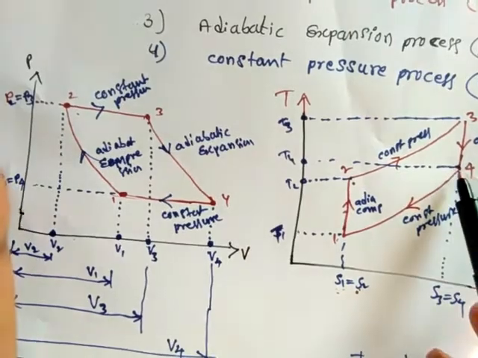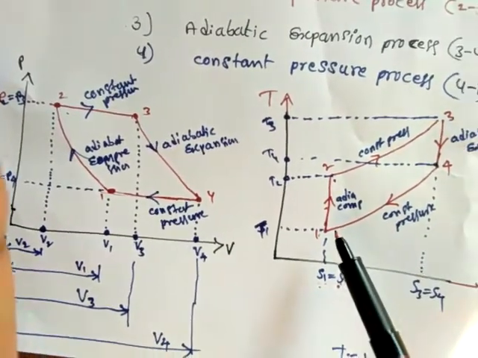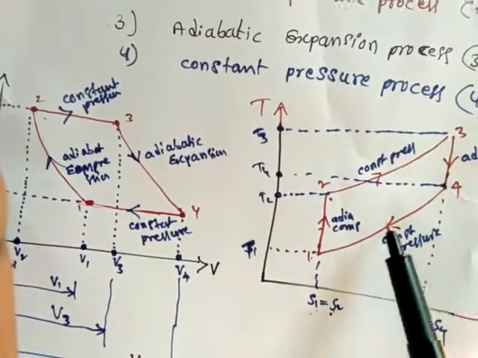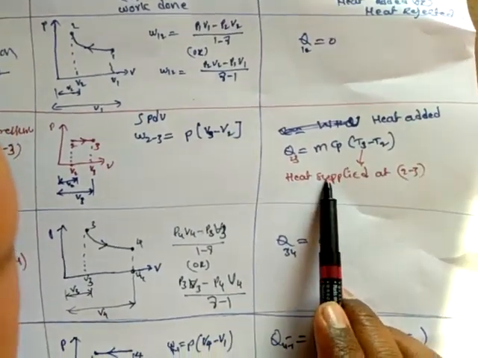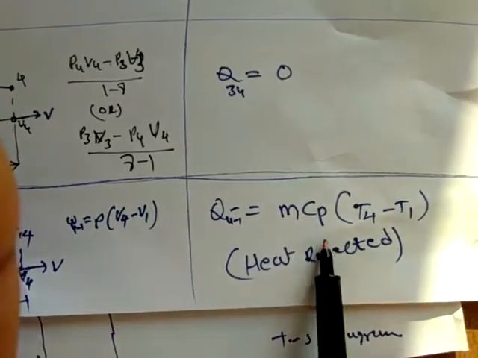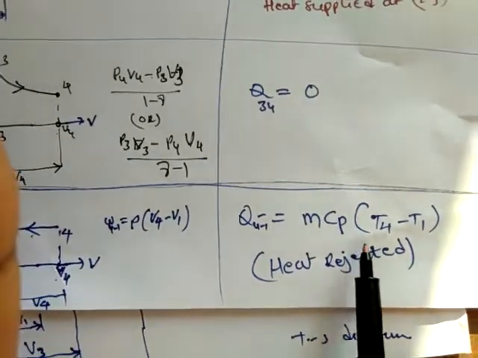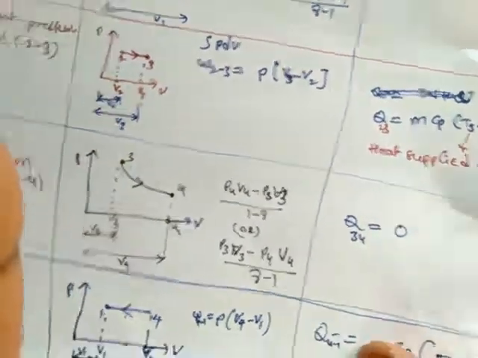And 4 to 1, temperature is gradually decreasing, so this is a heat rejection process. Once again, 2 to 3 is a heat supplied process, 4 to 1 is a heat rejection process.